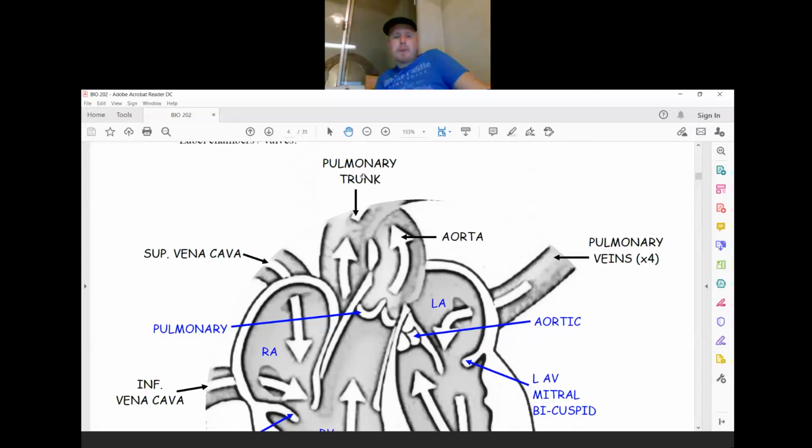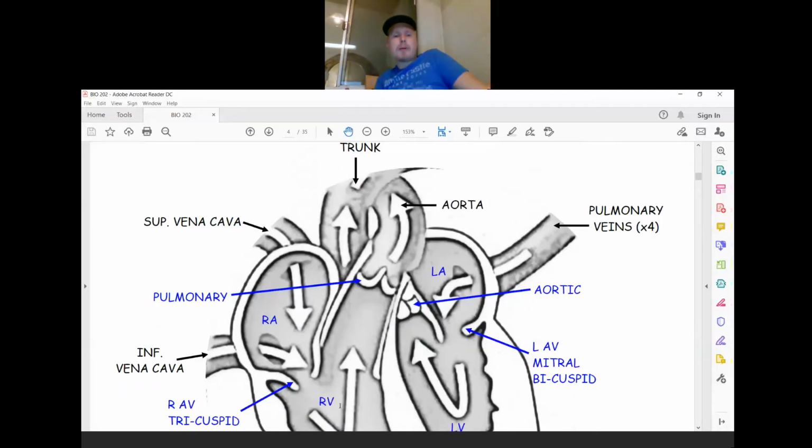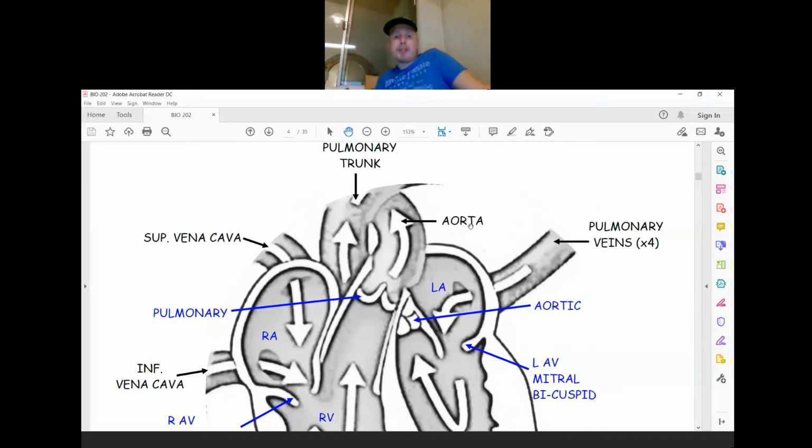So aorta should be where the pulmonary trunk is, and pulmonary trunk should be where the aorta is. So the blood flows from the right ventricle to the pulmonary trunk through the pulmonary valve. So just make sure that you fix that. I will fix it on the updated version of the review sheet, but if you already downloaded or printed a review sheet, just change the aorta and pulmonary trunk the other way.